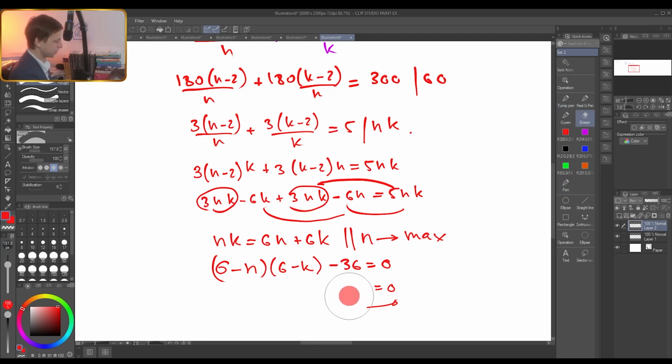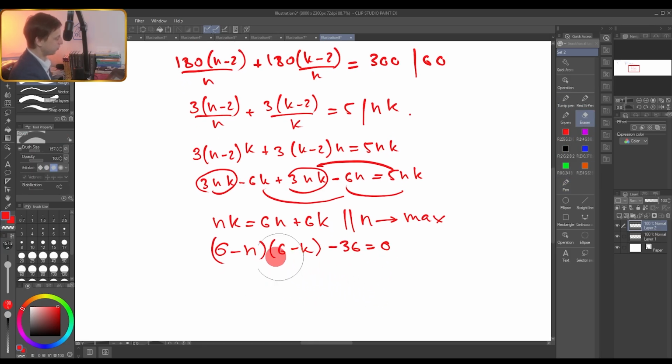It can be written like this, but you see, I'm looking at big values of n. So for me, it's not convenient to work with 6 minus n, because immediately I know that when n is larger than 7, it is a negative number. I don't like negative numbers, so I can just multiply everything by minus 1 here and here.